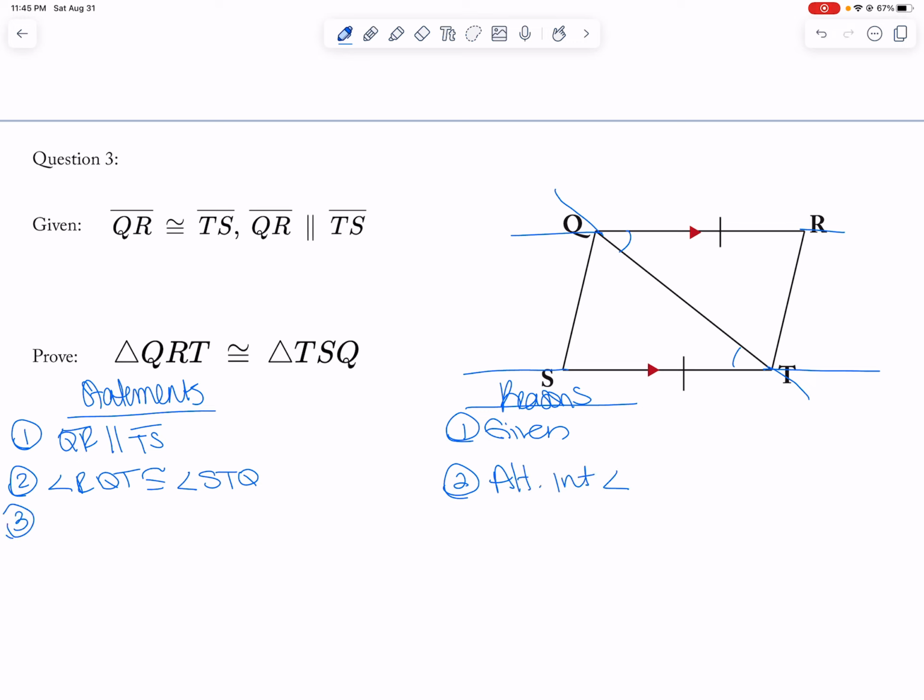And then QR is congruent to TS, and that is given. And then QT is congruent to itself by reflexive.